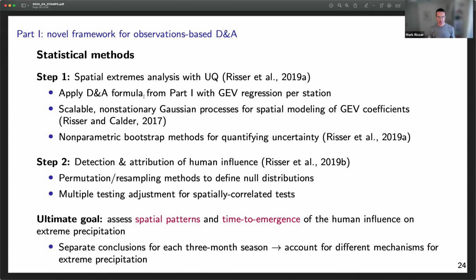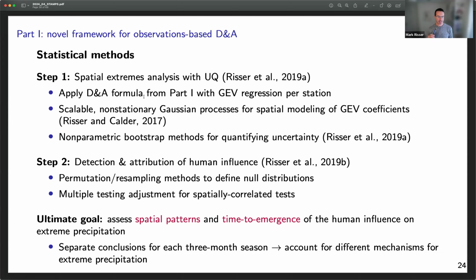The ultimate goal here is to assess both the spatial patterns of change, or how human influence is affecting rainfall, with maps and spatial patterns. But then we also want to come back to this time to emergence question, to see if we can identify when these different forcing agents have a significant impact on rainfall.